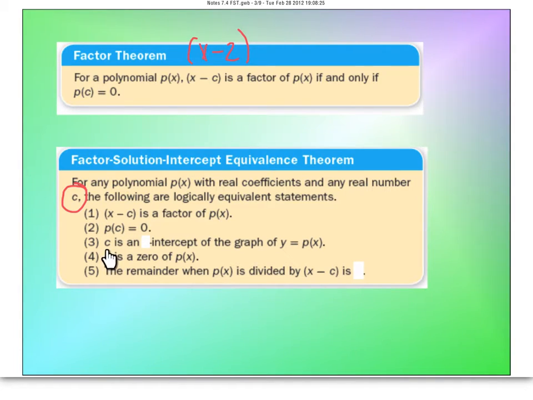We also know that c is called the x-intercept of the graph. Point 4 here says c is actually called a zero of the function. And point 5 says the remainder, when we take p of x and divide it by x minus c, or by that factor, will come back to be 0.